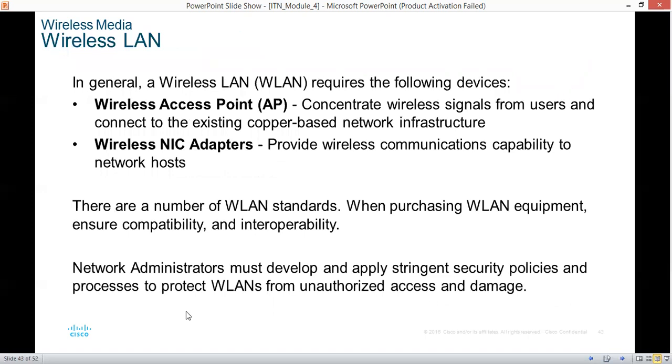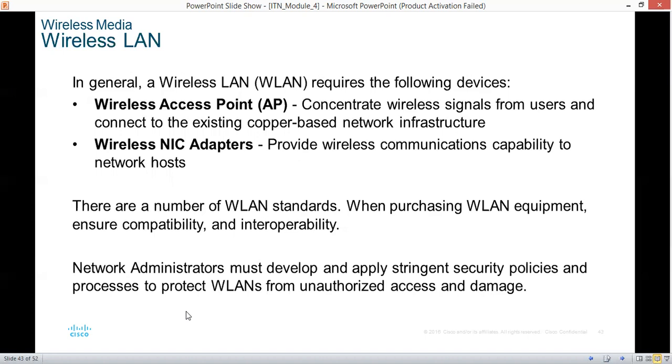And then in general, a wireless LAN requires the following devices. That's your wireless access point, which concentrates wireless signals from users and connects to the existing copper-based network infrastructure. I also saw that in that office, you have a wireless access point that, of course, you must connect via your existing network infrastructure.